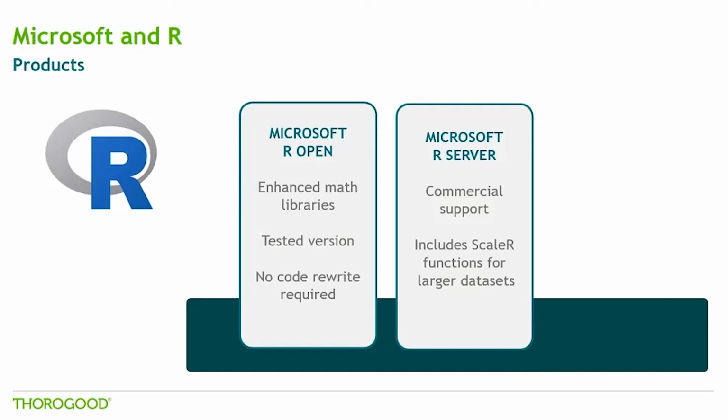There's something called ScaleR, which applies parallel processing to a set of open source functions that are frequently used in R for data analysis. And the ScaleR functions are unique from their open source counterparts, which means that there will be a little bit of code rewrite from your open source R scripts to use these ScaleR functions, but it's still using the same syntax that R developers would be familiar with.